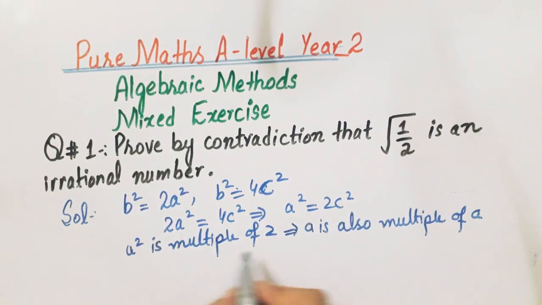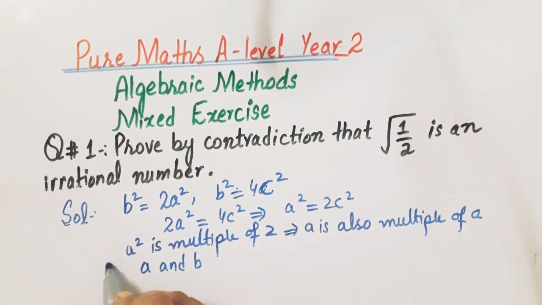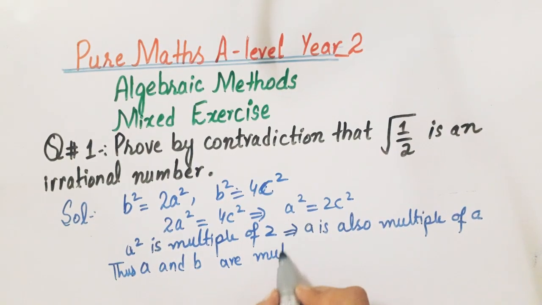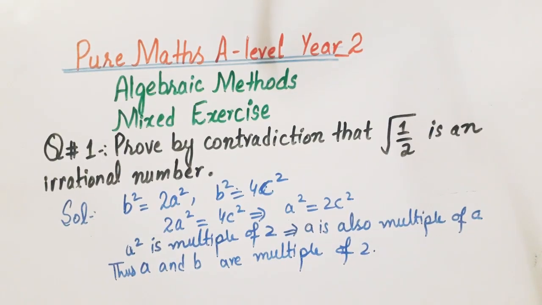If both a squared and a are multiples of 2, and we have already shown that b squared is a multiple of 2, it means that a and b are both multiples of 2. If both are multiples of 2, it becomes a contradiction, because our statement was that a and b have no common factors.